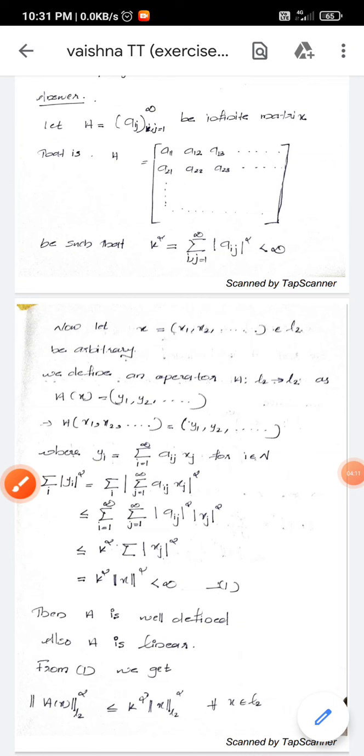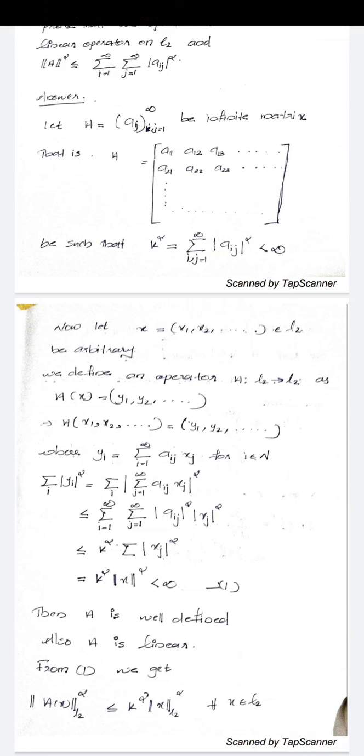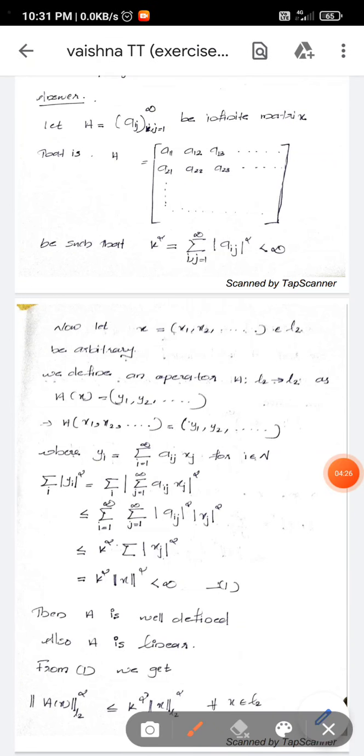Then we take the summation and square both sides. That is, the sum over i of the absolute value of yi squared is equal to the sum over i of the modulus of the sum over j equal to 1 to infinity of Aij xj, squared.